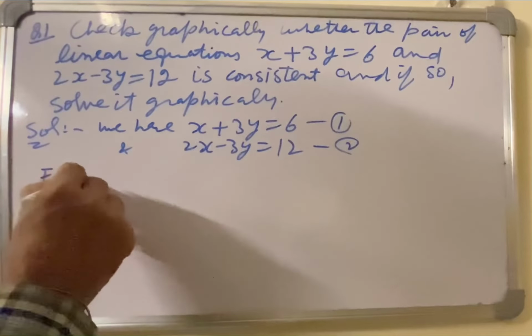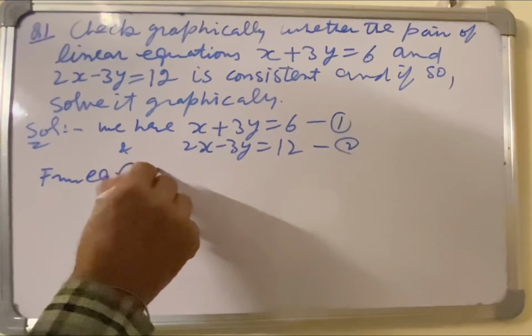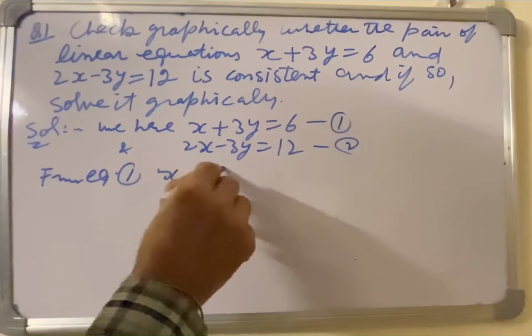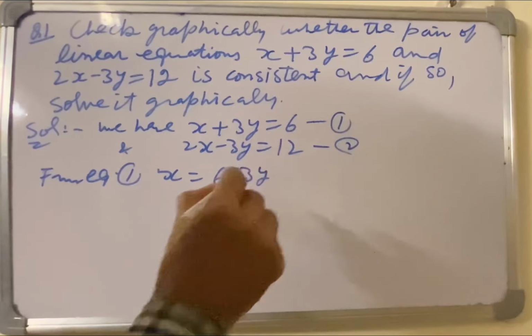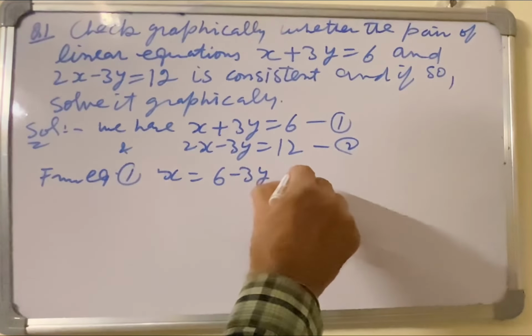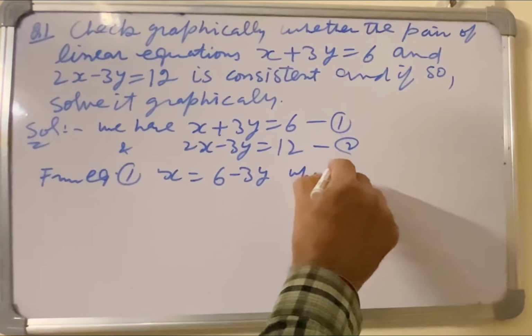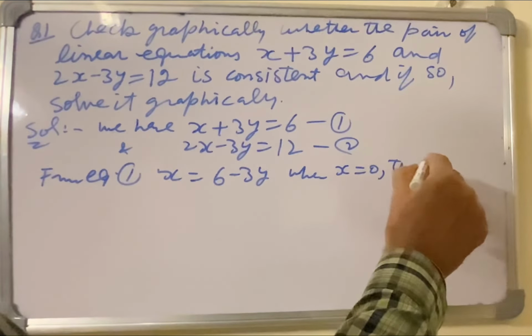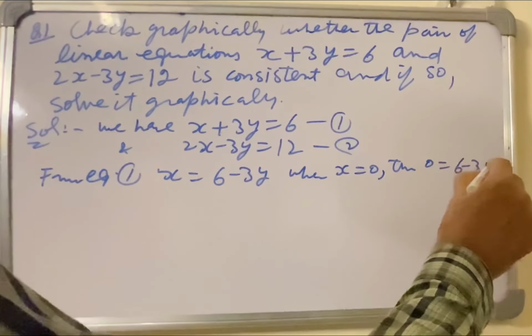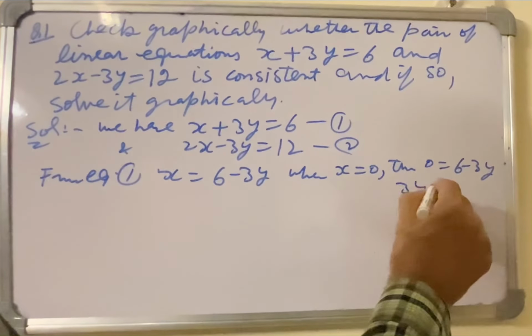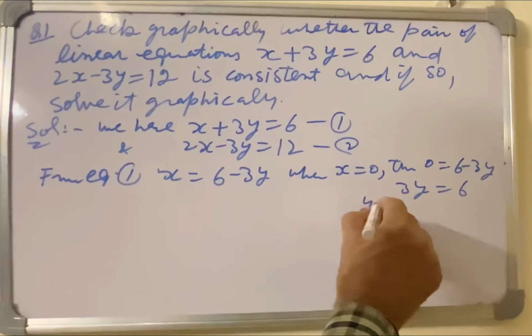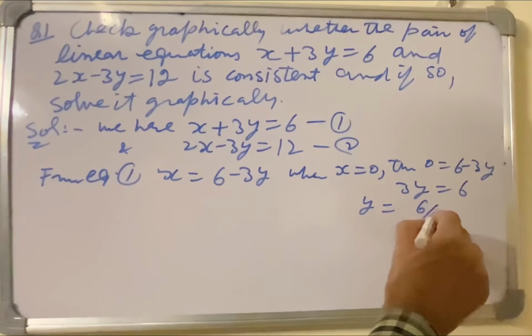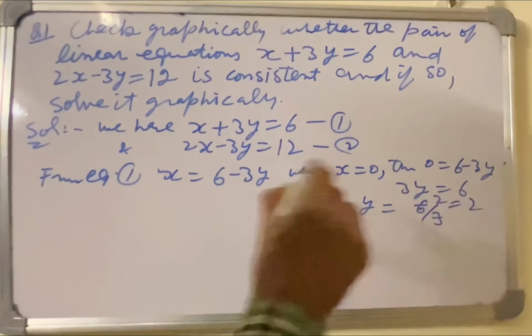From equation 1, x is equal to 6 minus 3y. When x is equal to 0, then 0 is equal to 6 minus 3y. 3y is equal to 6. Y is equal to 6 over 3, 2.